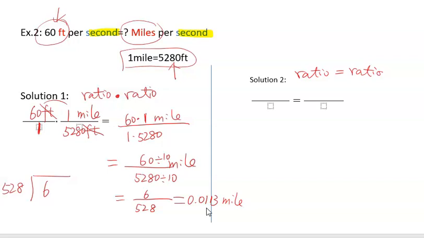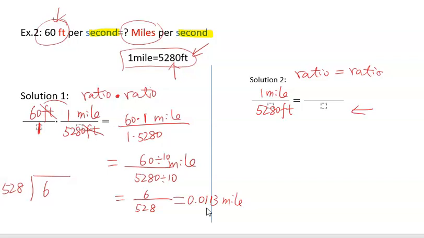The second method, we use the proportion, a ratio equals a ratio. So first, we're going to write down, well, we could start with this one. You can go ahead and just put 1 on the top, 1 on the bottom, any way you like. But once you put this down, you have to make sure the information given, 60 feet, is lined up with the foot.